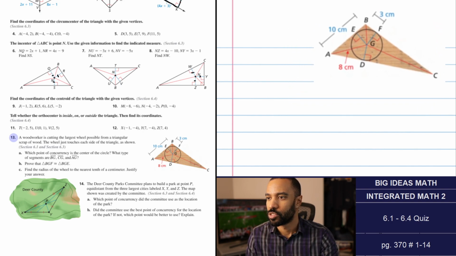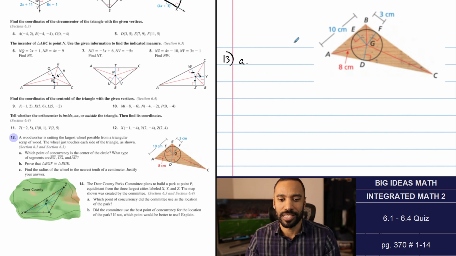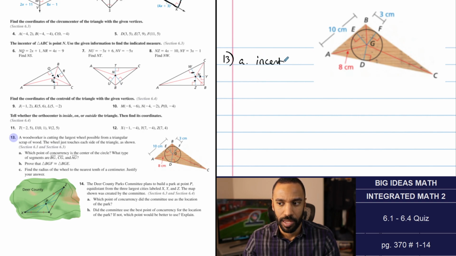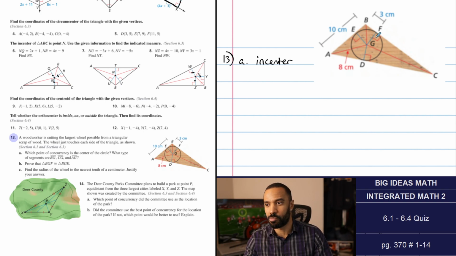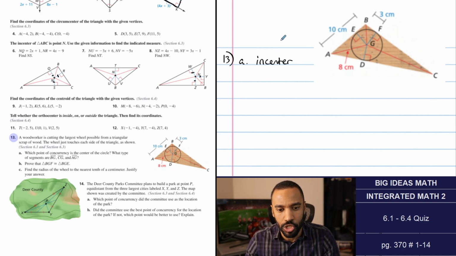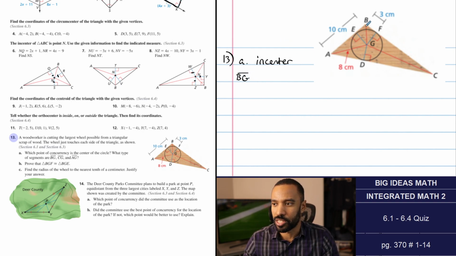Great. Okay. So number 13, part A: which point of concurrency is the center of the circle? The center of the circle is an in-center. If the circle inscribes the triangle, and these points are all equidistant from the sides of the triangle, this would be an in-center. What type of segments are BG, CG, and AG? BG, CG, it's these guys right here.